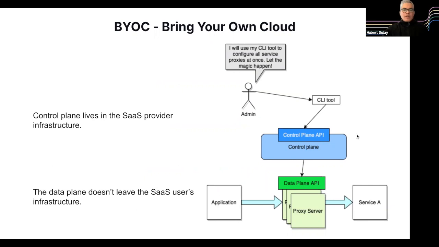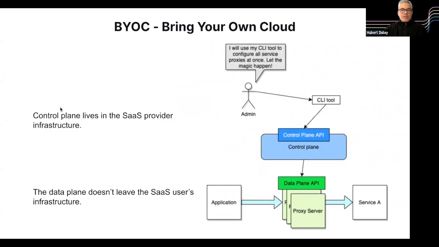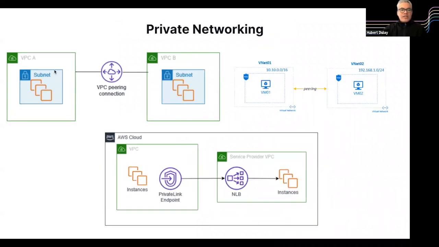And the last thing I want to talk about is bringing your own cloud. If you go back to this picture over here, there's a VPC here. This is your own cloud. That's what we mean by bringing your own cloud, and the application or the service itself is split up into two planes: the control plane and a data plane. The data plane will live entirely in your VPC, the customer's VPC, meaning there won't be any data in the vendor or the SaaS VPC.